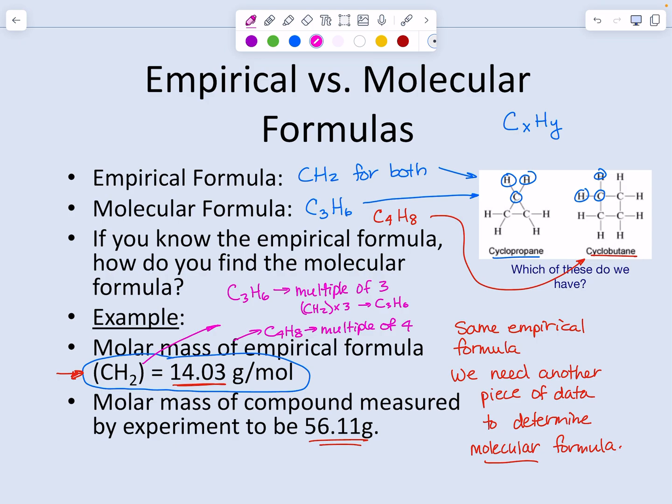To figure out which one we have, we take the molar mass of the compound, 56.11, and figure out what multiple it is of 14.03. So we're just going to divide by 14.03 grams. 56.11 divided by 14.03.